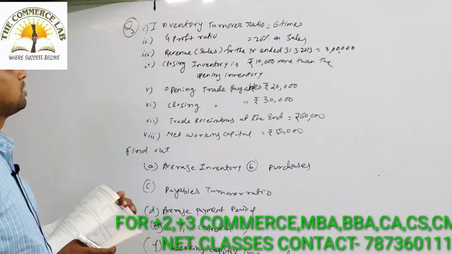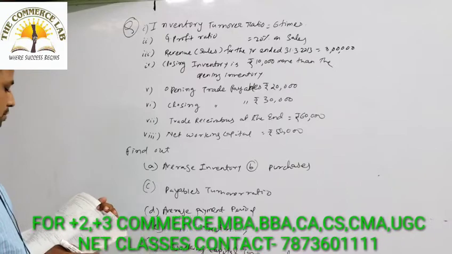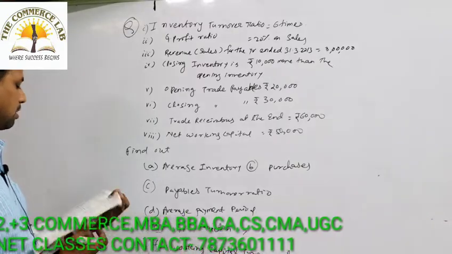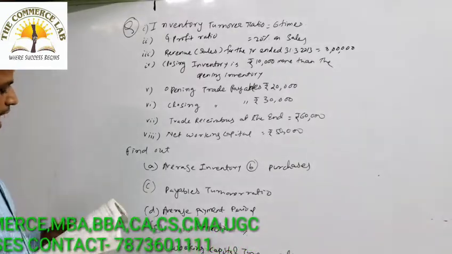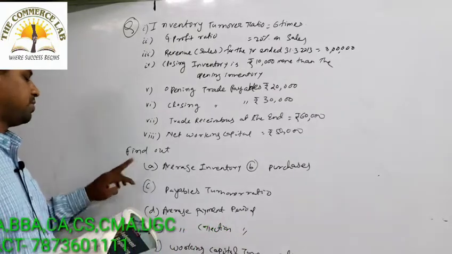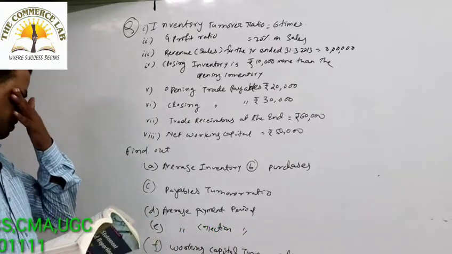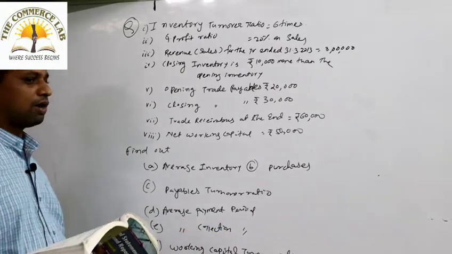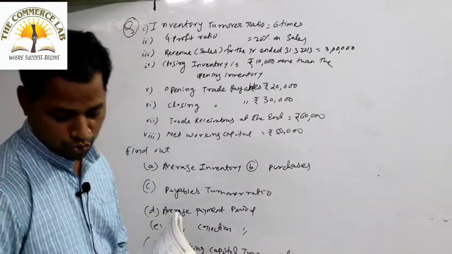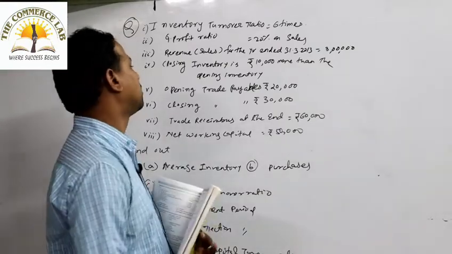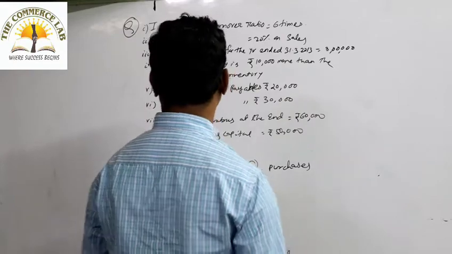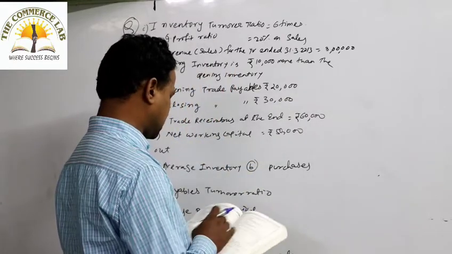Inventory turnover ratio is given, and gross profit ratio is given, 20% on sales, for a particular company. We have to calculate the average inventory, purchases, payables turnover ratio, average payment period, average collection period and working capital turnover ratio. So how to deal with this problem? The first thing we have to calculate is average inventory.